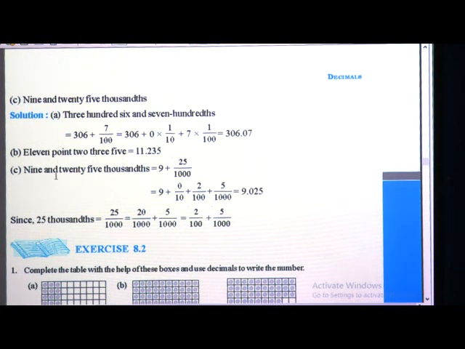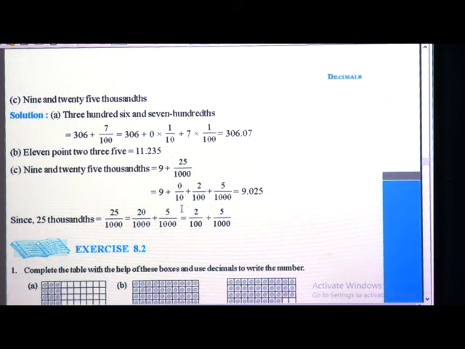11.235. Here we need not convert anything, we can write the number as it is, 11.235. So, you can see 11.235 in the decimal form. Next, 9 and 25 thousandths. 9 plus 25 thousandths, it means 25 divided by 1000.